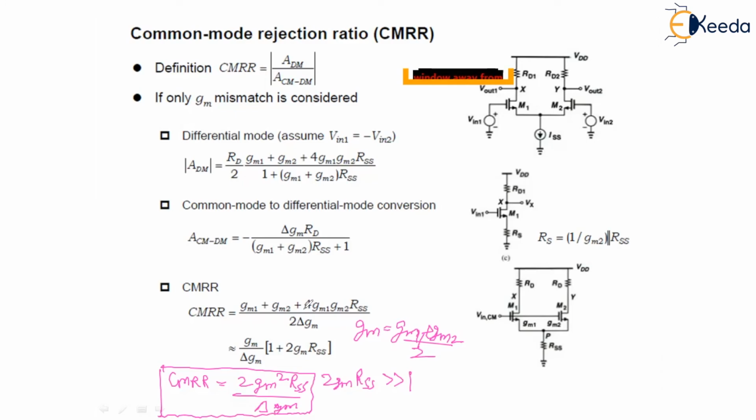In this particular ratio, we are normalizing that component by dividing it by the wanted differential output which results from the amplification, that is ADM. So this is simple about common mode rejection ratio. We are varying the common mode input voltage and finding out the desired to undesired component.